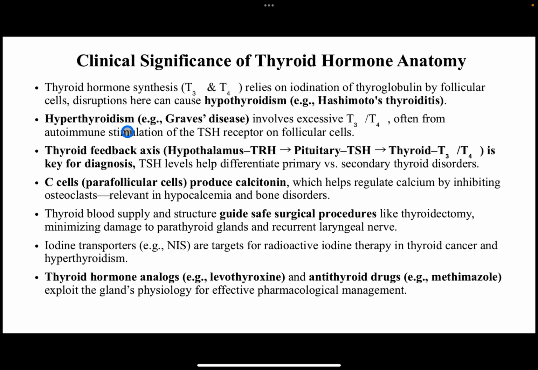Now let's look at the clinical significance. Understanding the thyroid hormone anatomy will help you to appreciate certain conditions like hyperthyroidism, for example Graves' disease. You would appreciate what will happen when someone is having an excess amount of T3 and T4.